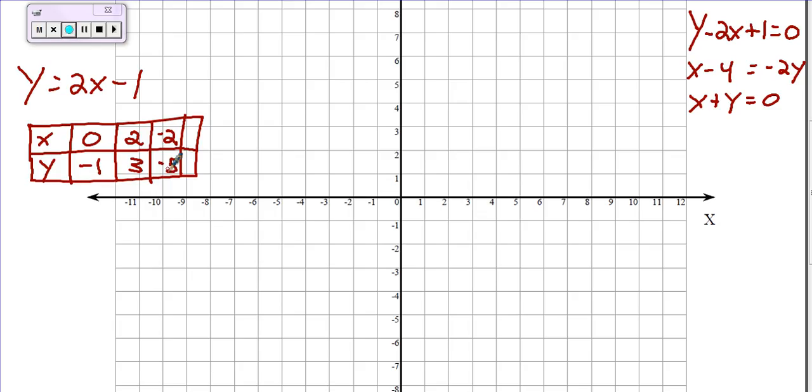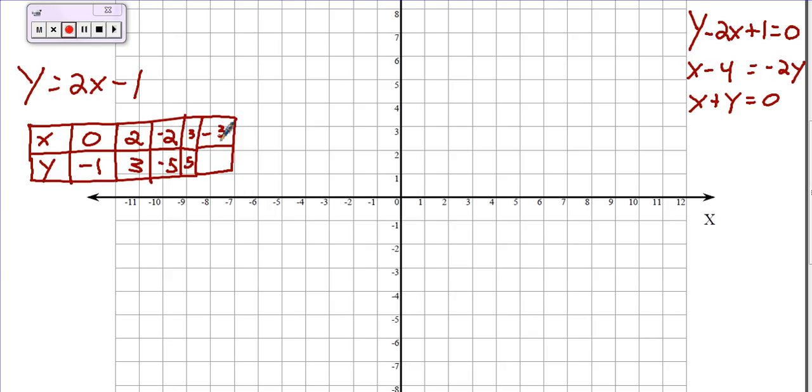I have 3 coordinates marked out. We can go further. I can say if x is 3, what is y? 5. If I said x is negative 3, what would y be?